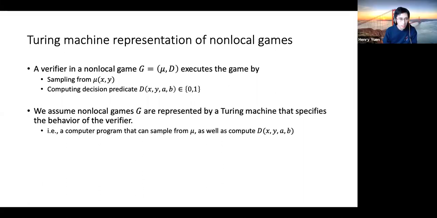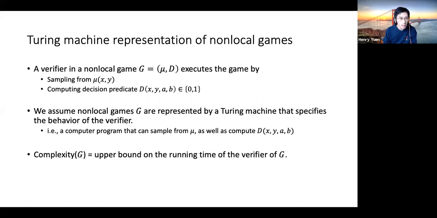That's actually a good question because it ties into the next thing I wanted to say, which is that a very important measure for us will be a complexity measure of a non-local game. Normally people measure the complexity of a non-local game by the number of questions and answers. Here we'll measure it by an upper bound on the time complexity of the verifier of G. I said that we'll describe verifiers by some computer program, and computer programs have some time complexity.